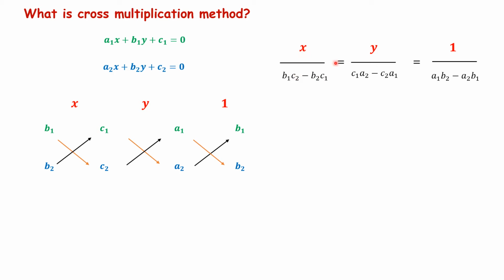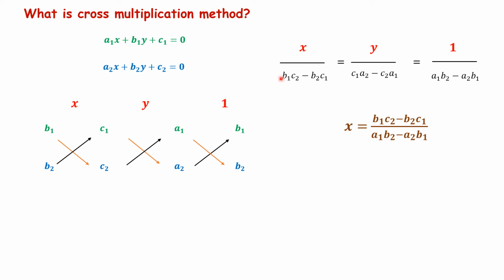So x divided by some constant. The third expression, 1 divided by this complete expression, is also a constant. If I equate this and this, will I get the value of x? Obviously. So I can just cross multiply and get the value of x.